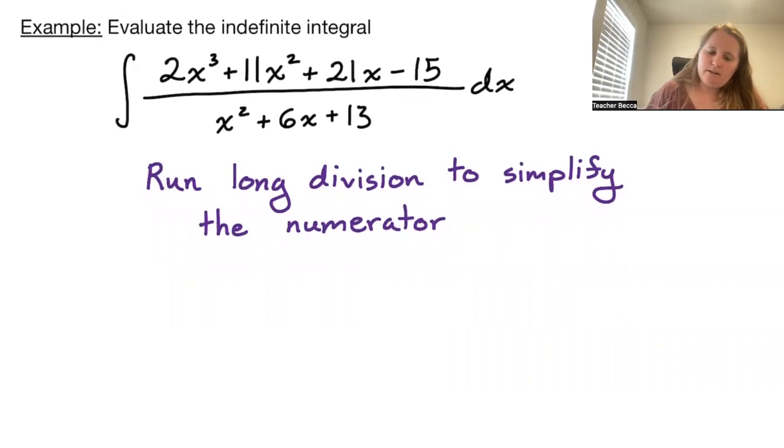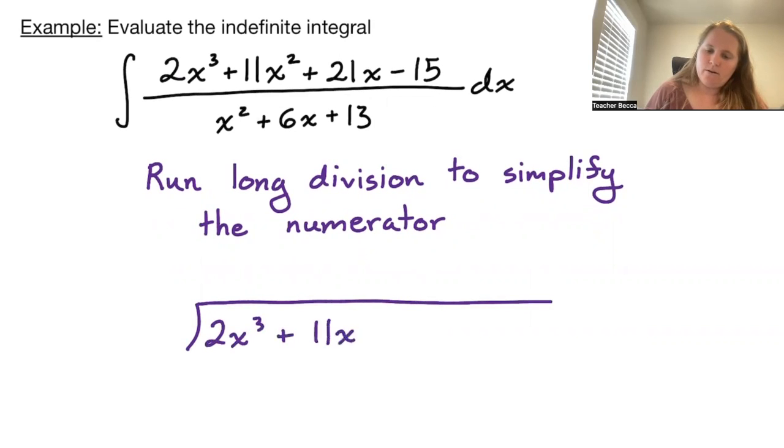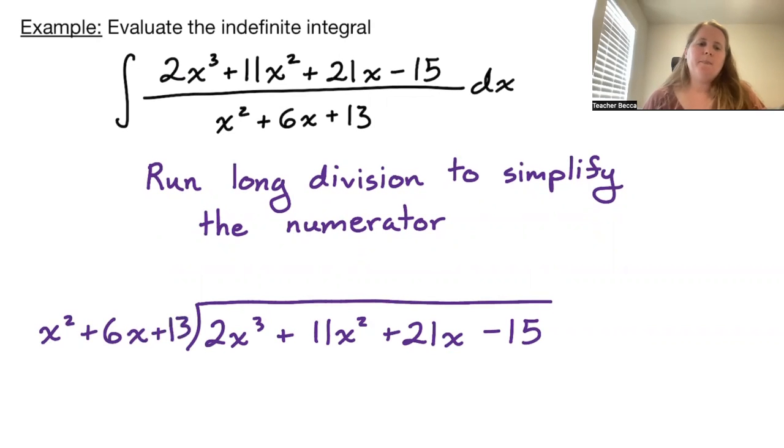So in this case, we have our numerator 2x cubed plus 11x squared plus 21x minus 15 inside, and we are dividing that by x squared plus 6x plus 13.